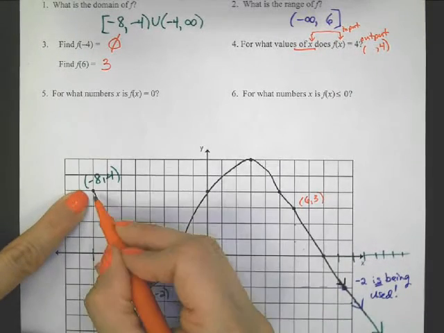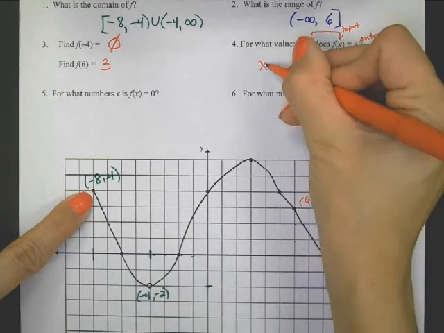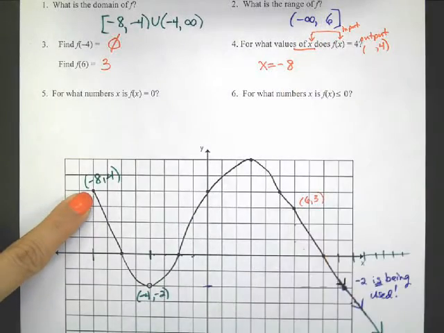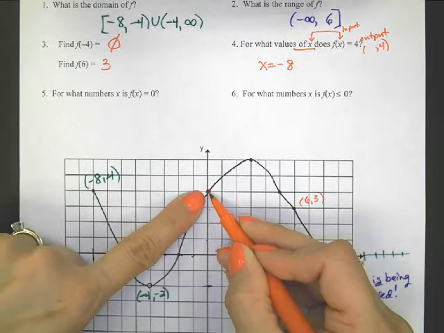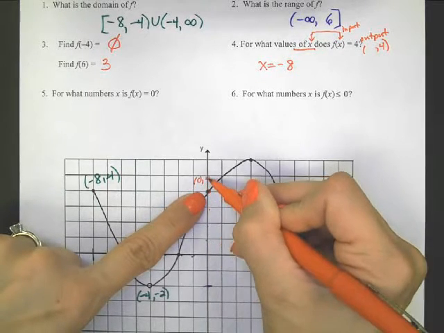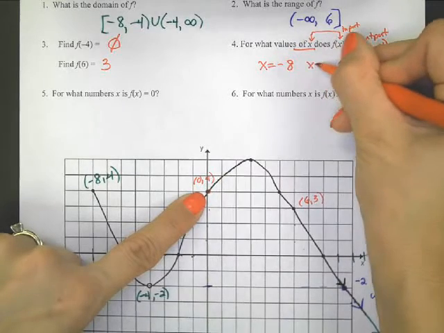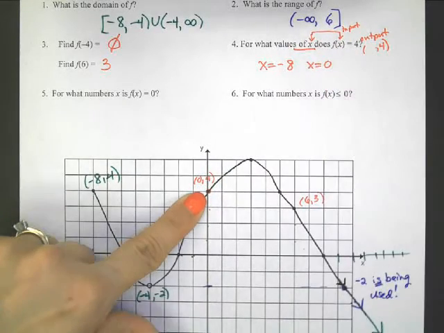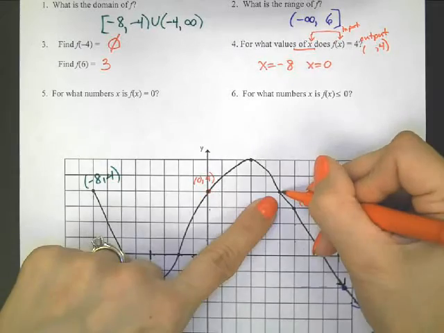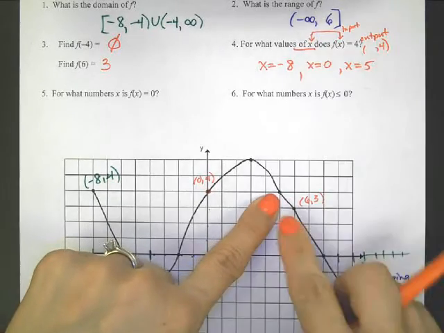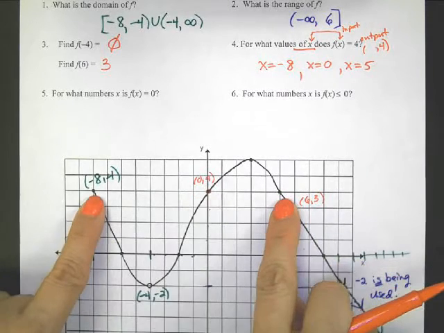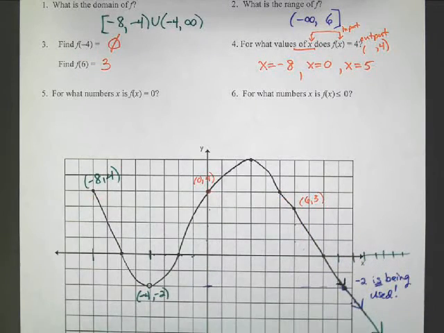Well, here's one for sure, at x equals negative 8. But that's not the only spot. Here's another place, 1, 2, 3, 4, at the point 0, comma 4. So x can equal 0, and I would get an output of 4. And here's another one, at x equals 5. 3 places have 4 as the y value.